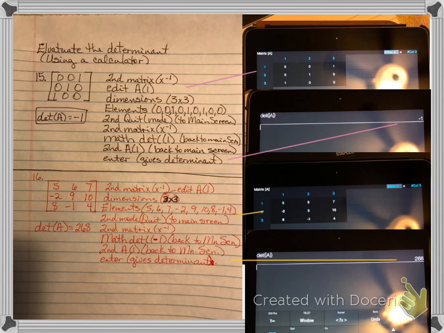All right, then evaluating the determinant using a calculator. Okay, that process. We enter in our matrix like I showed you here in the pink. Okay, and then after I do that, I quit and go back to my main screen.